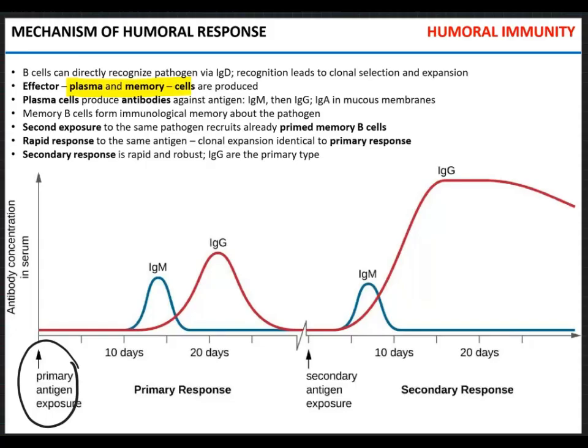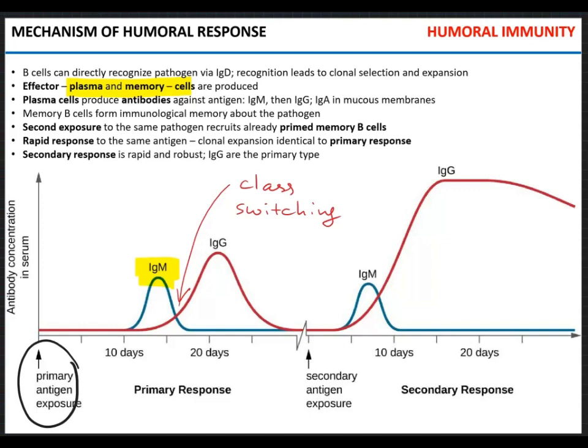The first response is always IgM. And then you see how IgM declines and IgG increases. Those are the same plasma cells that produce these antibodies, but they undergo a process known as class switching. They switch from the IgM class to the IgG class.